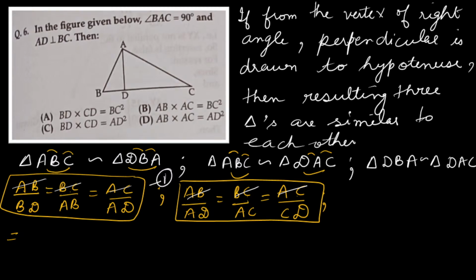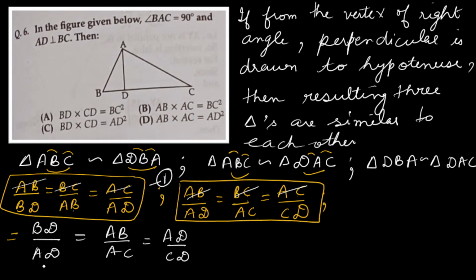Here also if I divide, so BD by AD, AB by AC, and AD by CD.